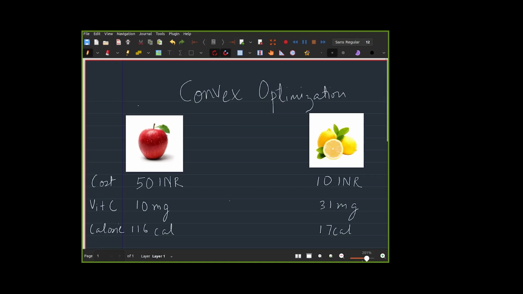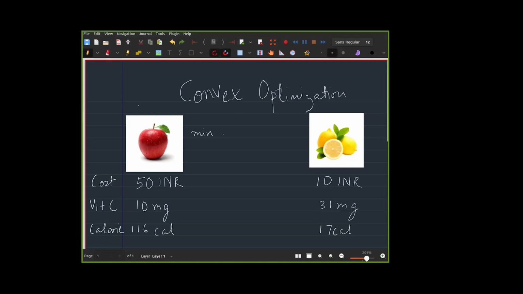Okay, so now we know all this stuff about apple and lemon, and what I want to try to do is figure out how much apple and how much lemon I should take every day. So let's say my goal is that I want to minimize the cost.